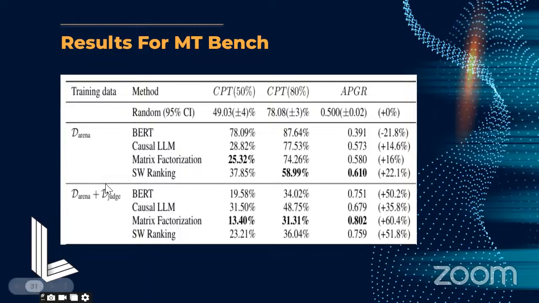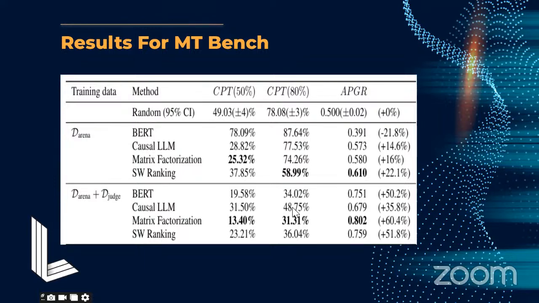Now let's talk about when we mix the dataset of the Arena platform and the golden label judgment. BERT and causal LLM perform poorly in terms of CPT 50%, indicating that adding the judge data makes these methods worse in low data regimes.